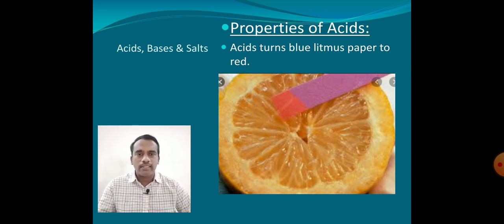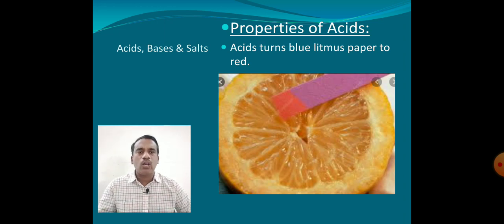This indicator is a blue litmus paper that is going to turn into red color in the presence of the acid. So this is a simple technique to find out whether the compound is an acid or not. What is the point? Acids turn blue litmus paper into red color.